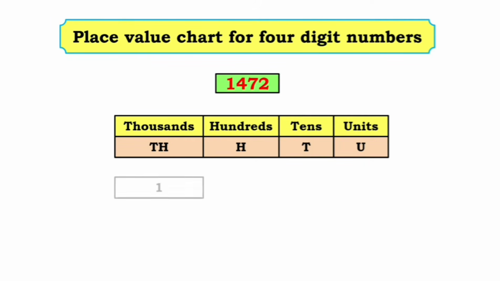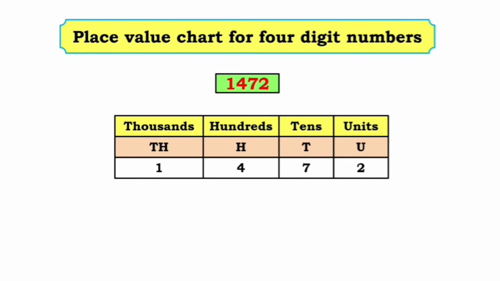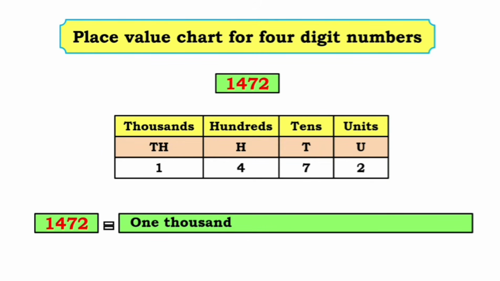So first we will write 1 under the thousands place, 4 under the hundreds place, 7 under the tens place and 2 under the units place. So 1472 is read as 1 is in the thousands place, 4 is in the hundreds place, 7 is in the tens place and 2 is in the units place.